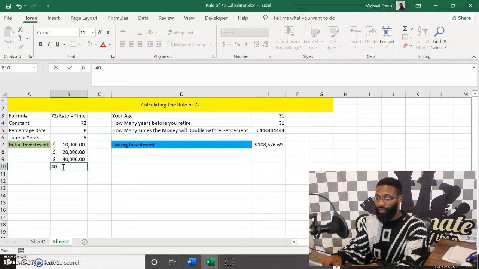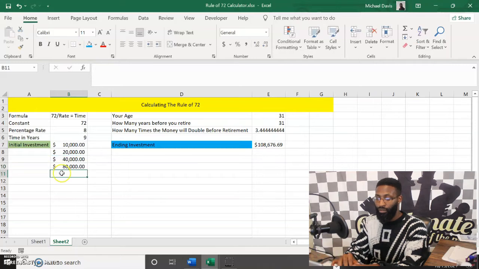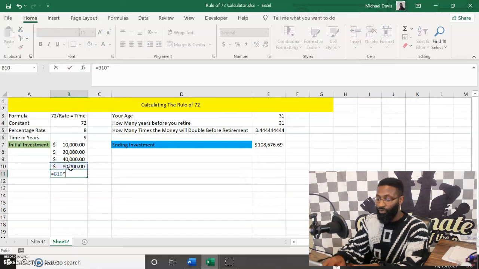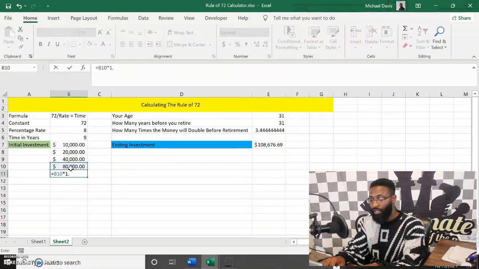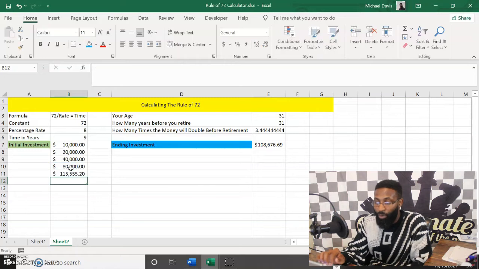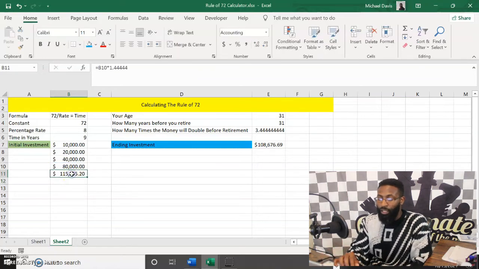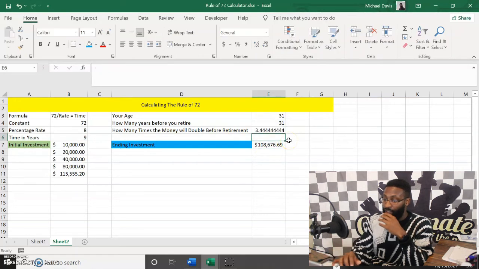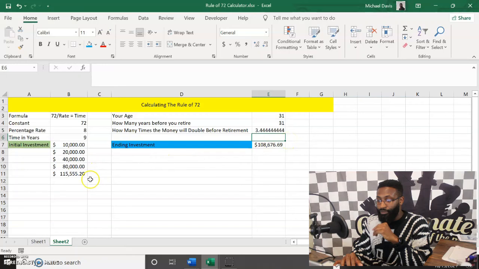I might not be 100% correct on the way I do this, but it should be somewhere in the ballpark. Yep, somewhere in the ballpark. So that is how you're going to end up with that, and that's why we have it the way we have it here.